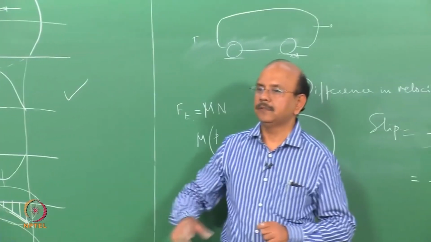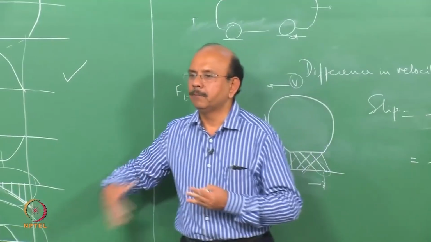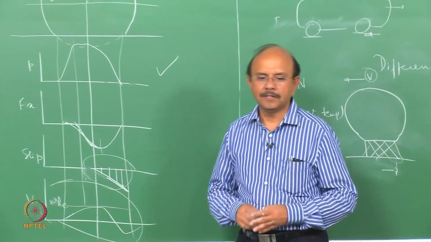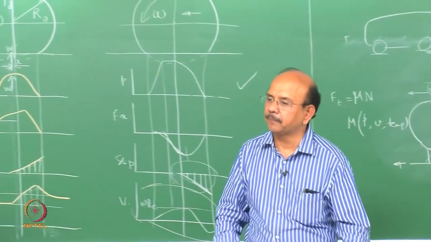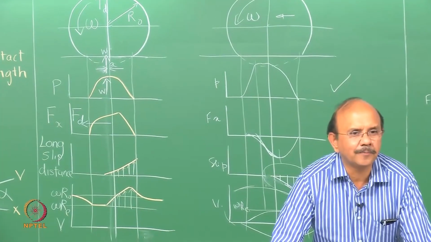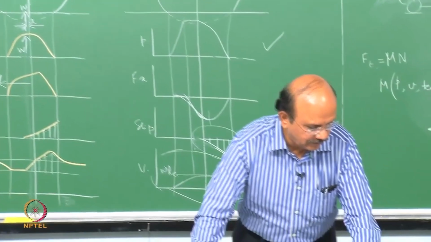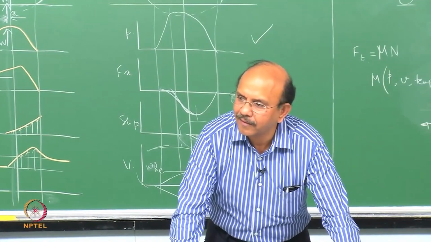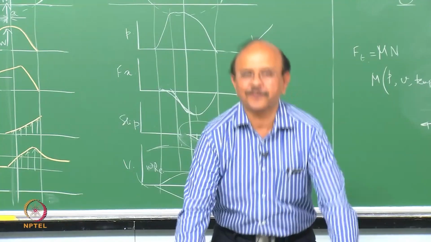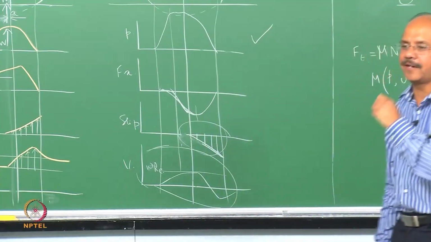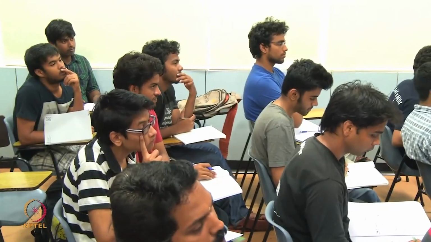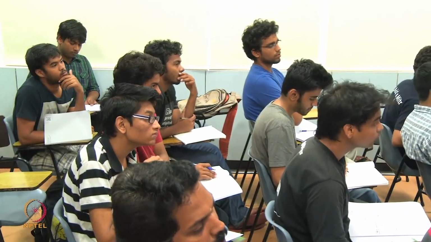What is the basis for this graph? The basis for this graph, you remember in one of the earlier classes we said, is the compression and expansion along the circumferential direction.